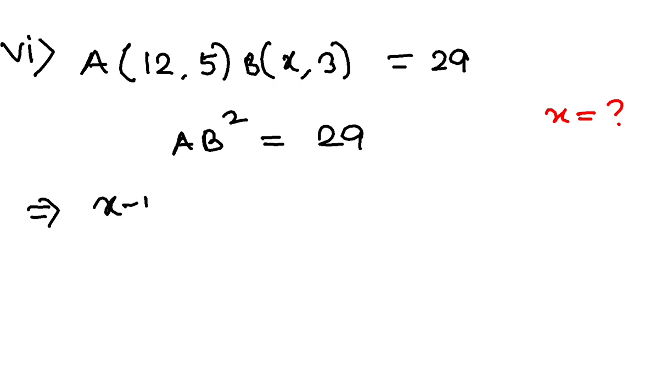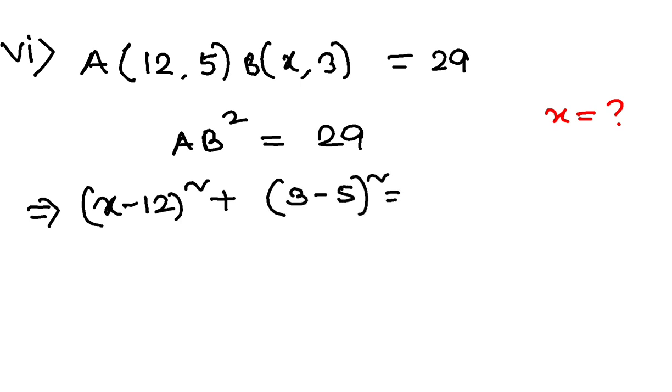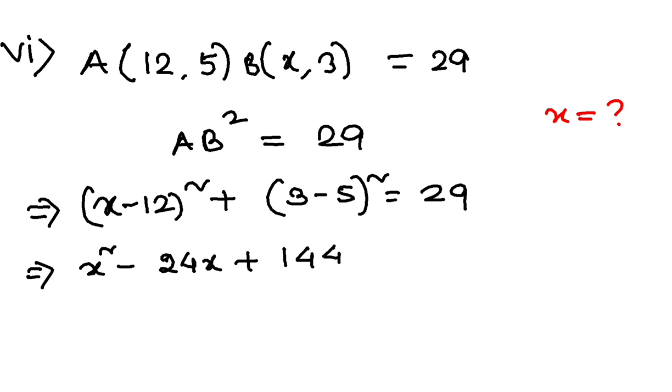So this will give us x minus 12 whole square plus 3 minus 5 whole square equal to 29. So this means if I apply a minus b whole square, x square minus 24x plus 144. 3 minus 5 is minus 2 whole square is again 4 equal to 29.